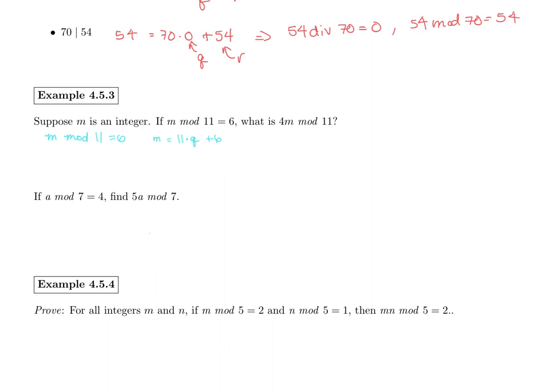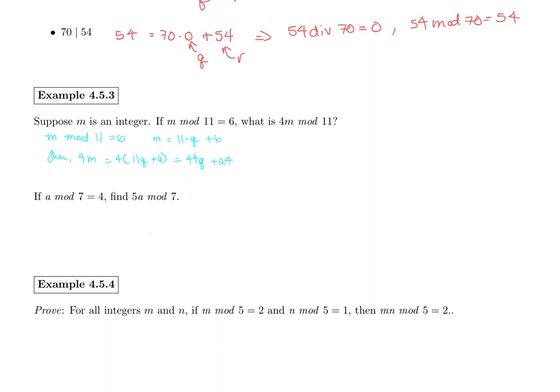If I want to find 4m mod 11, then I need to find 4m. So 4m would equal 4 times 11q plus 6, which is 44q plus 24.